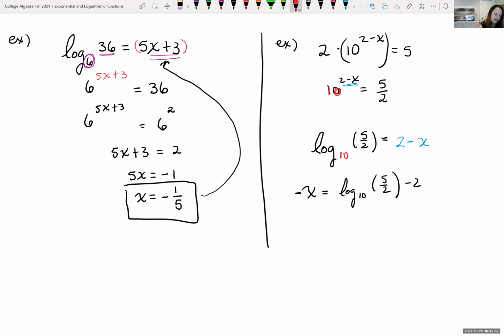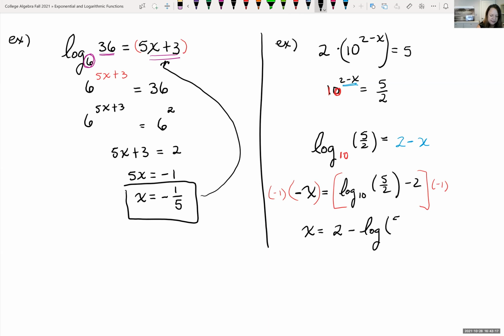Multiply both sides of our equation by -1 to make that positive 1x. Doing that, we get x is equal to, and I'm going to write the positive number first, 2 minus log base 10 of 5/2.